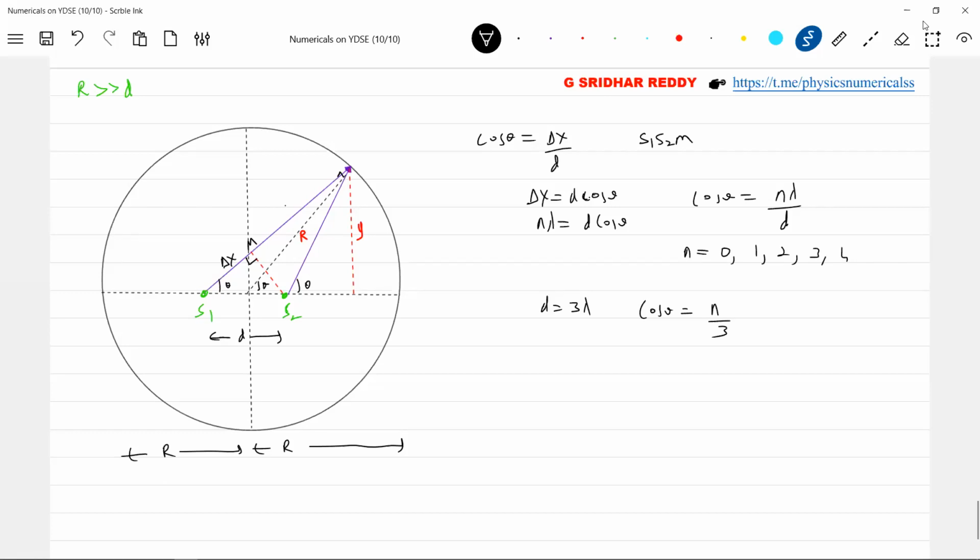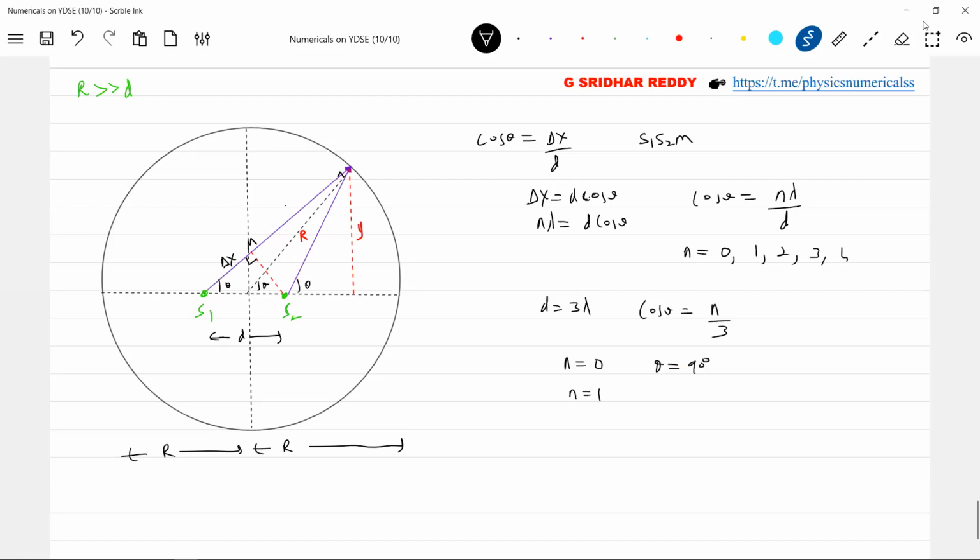What are the angular positions at which we can get maxima? First, substitute n equal to 0. So I get one maxima: theta equal to 90 degrees.